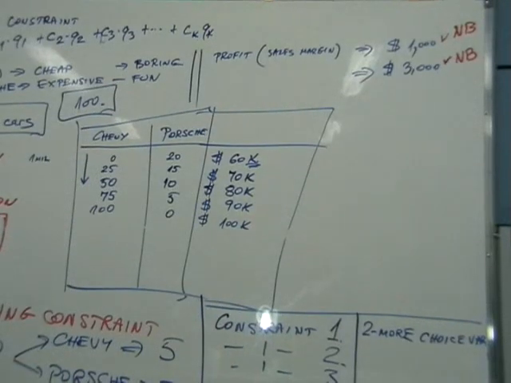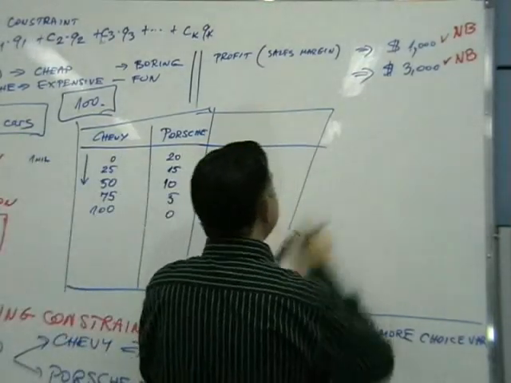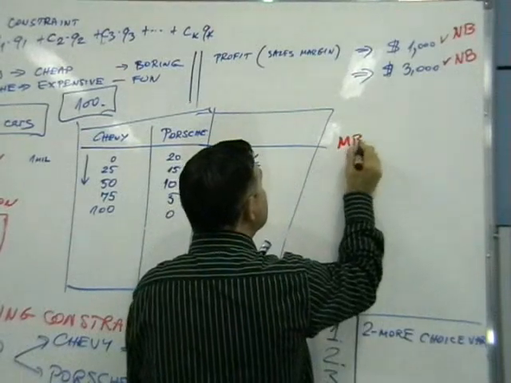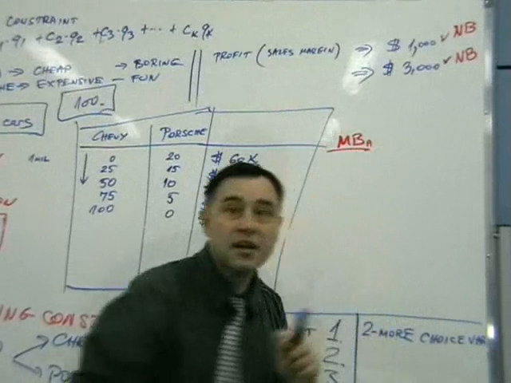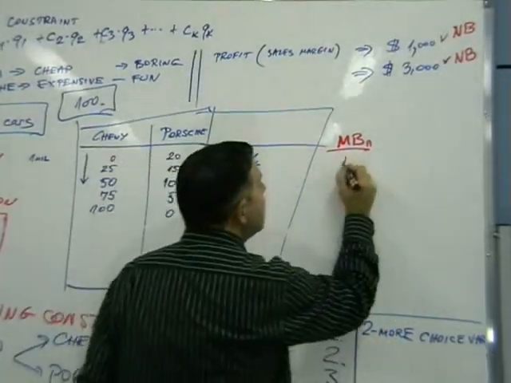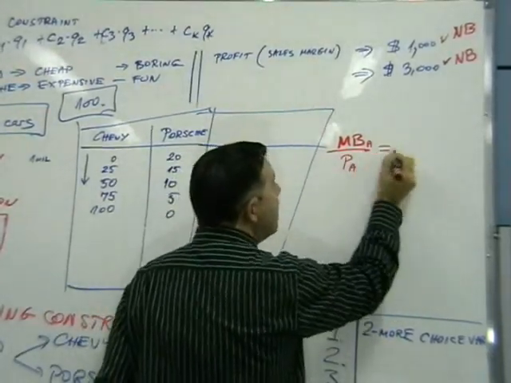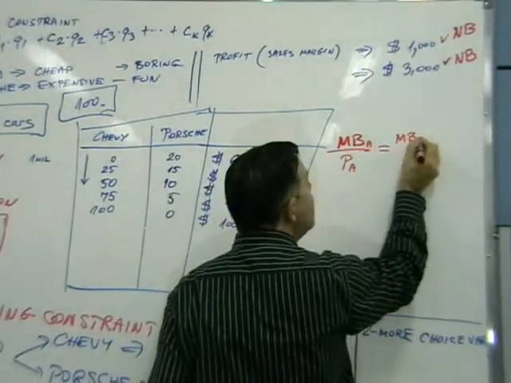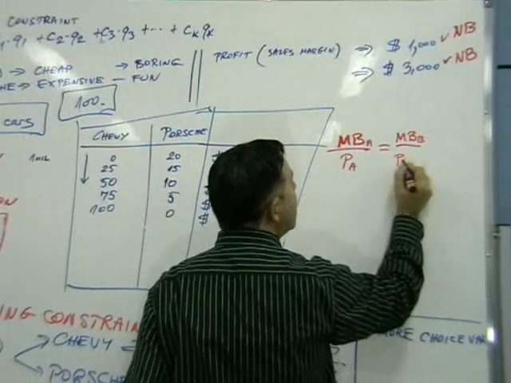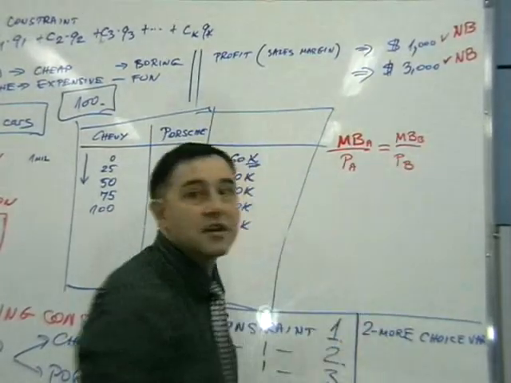It is the marginal benefit of A divided by the price of A must equal the marginal benefit of B divided by the price of B.